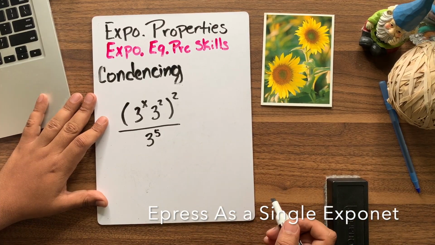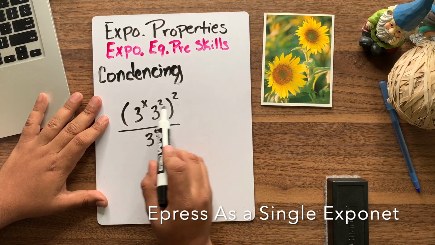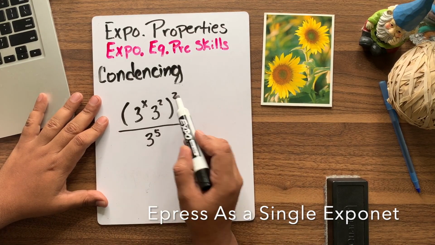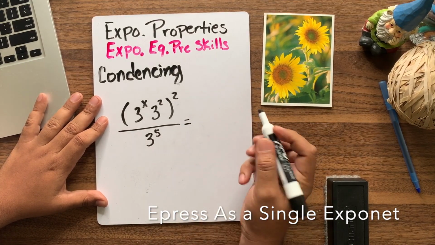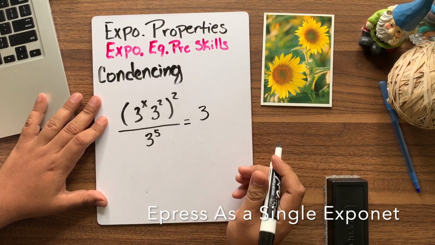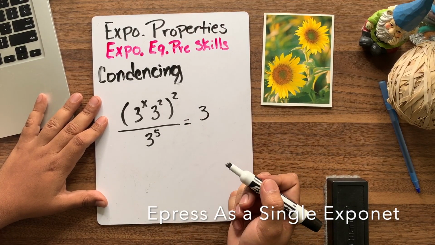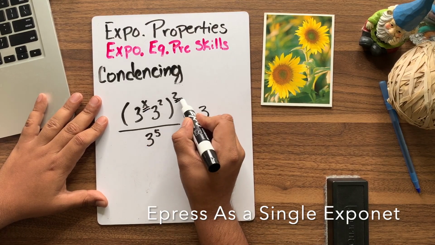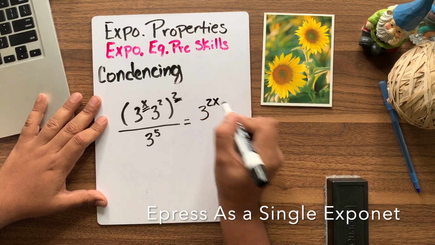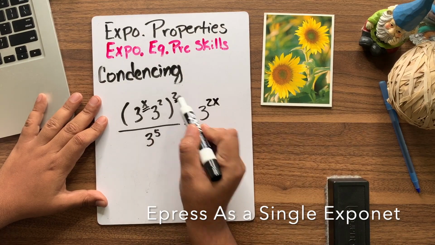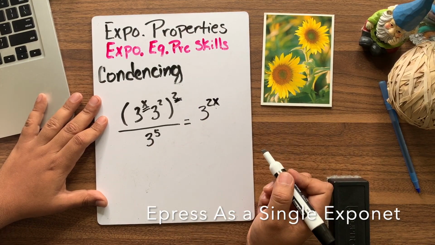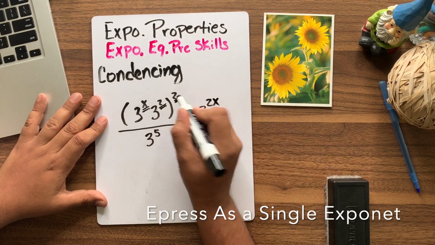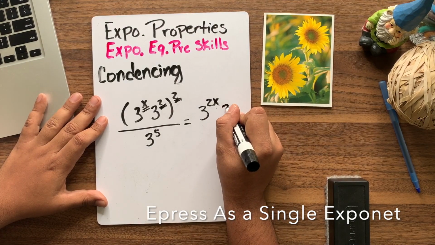Okay, so if you have this problem, I noticed that I do have this parentheses and the exponent, so I probably should distribute the exponent. So when you have powers to a power, you multiply the powers. So in this case, this is a power, and this is a power, so that will be 2x. Power to a power, multiply the powers. So what's 2 times 2 is 4.